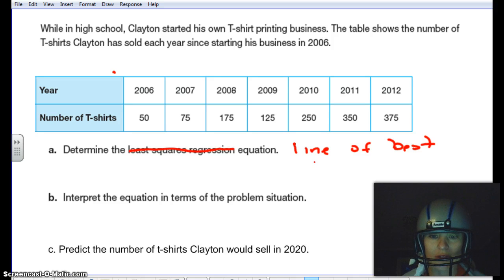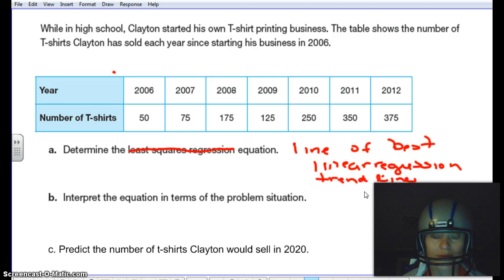We've just called it the linear regression. We've also called it the trend line. You need to make sure you're familiar with all its different names, or you can call it the least squares regression. Okay, so hopefully the word regression reminds you of linear regression.